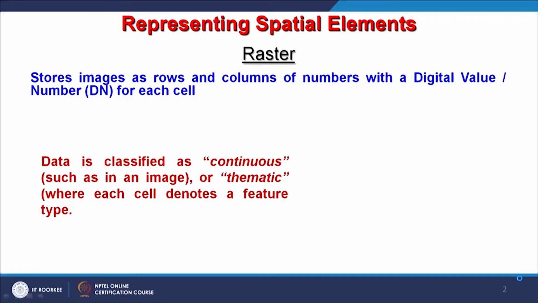Now, as you know, raster data is a little simpler compared to vector data, and here you basically have rows and columns. Mathematically, we can look at this as a two-dimensional matrix. One thing that is also very important, as in a matrix, is that the number of rows and columns need not be the same.